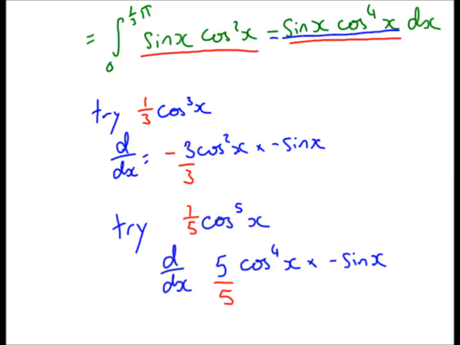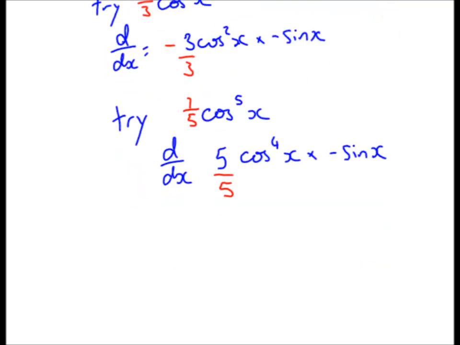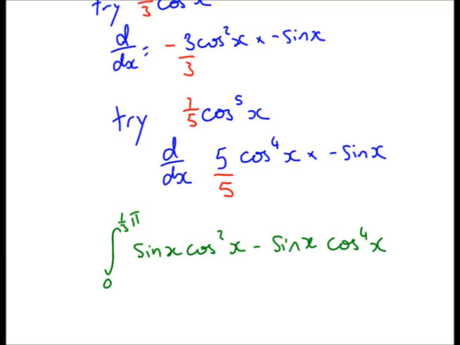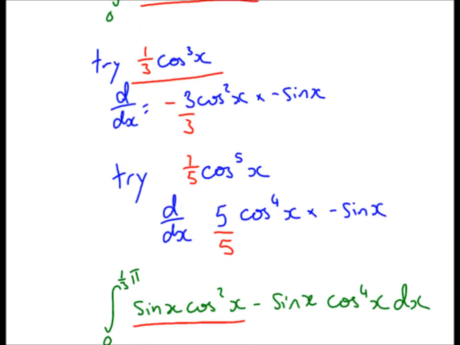That will carry through my calculus. So I can then say that the integral of what we had before is equal to, and I now know that this first bit is going to give me minus a third cos cubed x.